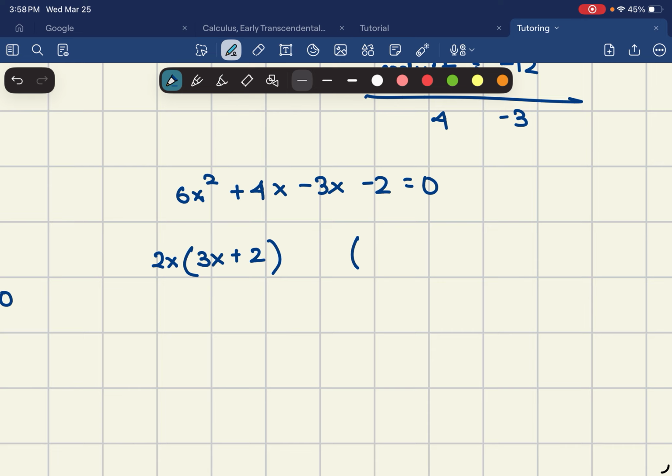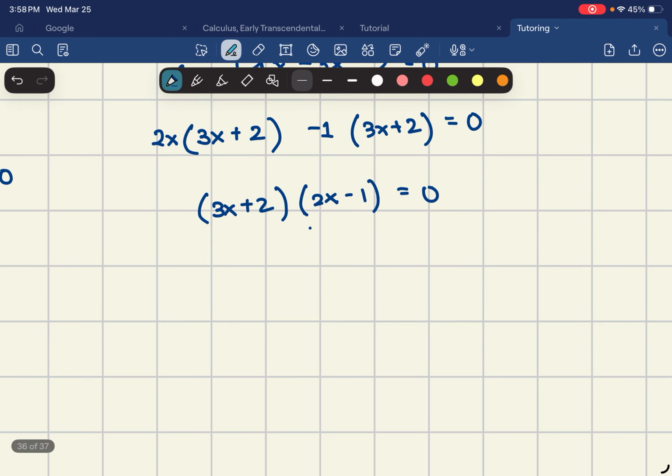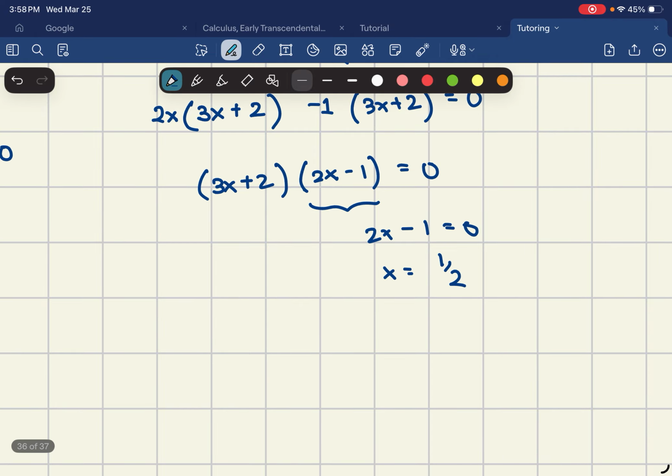And I want to factor out 3x plus 2 from the second term as well. So what number do I have to factor out? Well, if I factor out a negative 1, then I get 3x plus 2 for my second term as well. All right, so now I can factor out 3x plus 2, and then I have 2x minus 1. Now if I let 2x minus 1 equal to 0, x is equal to 1 over 2. And if I let 3x plus 2 equal to 0, x is equal to negative 2 over 3.